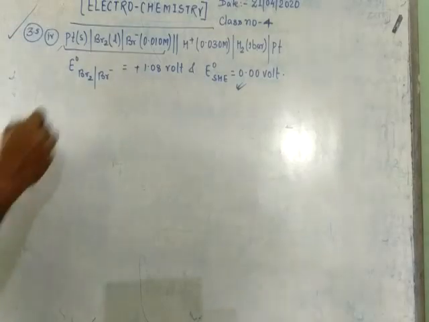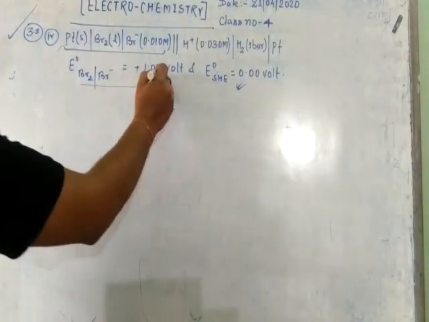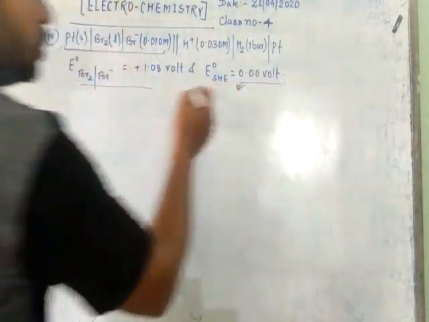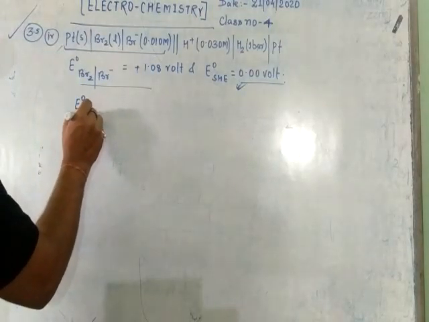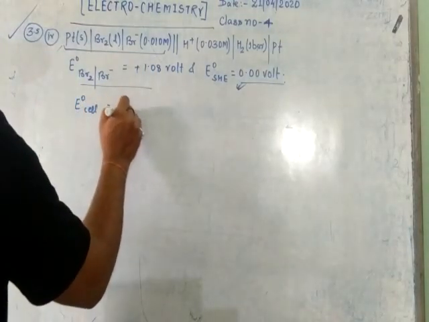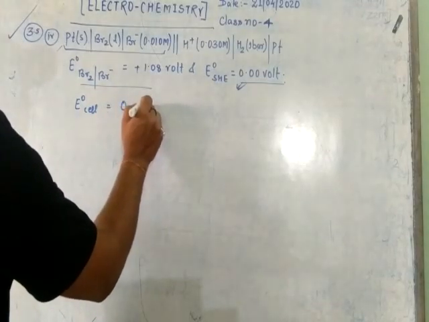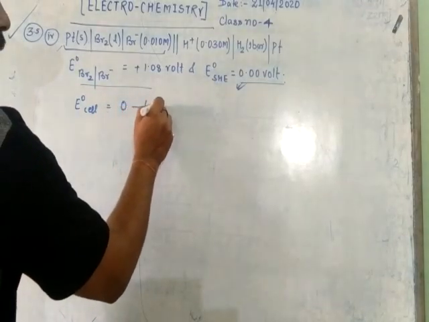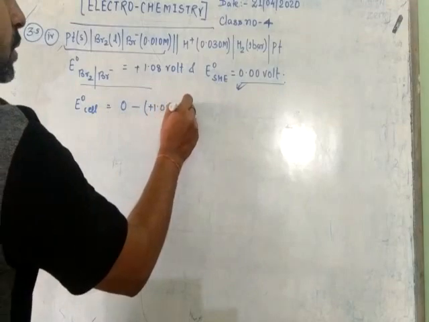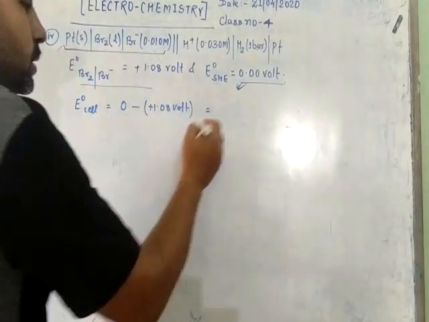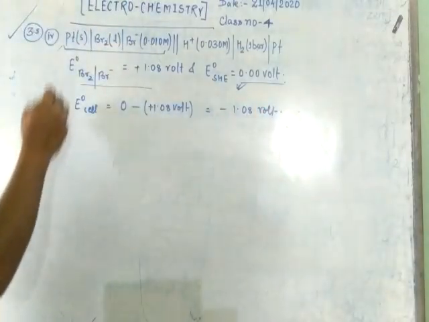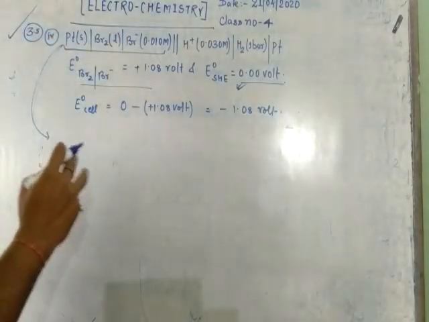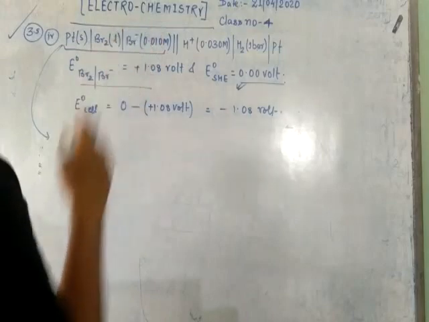Now we calculate the standard cell potential, which is 0 minus 1.08 volt. So we get minus 1.08 volt. Now we write the redox reaction of the notation, which is most important for solving this question.